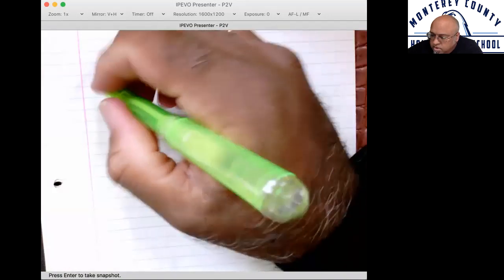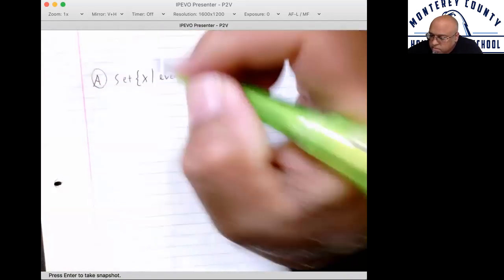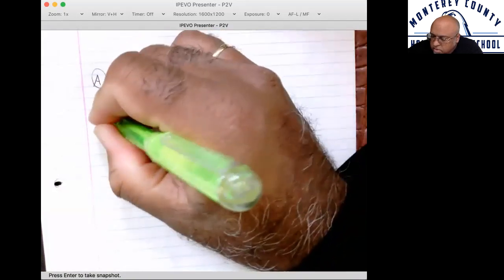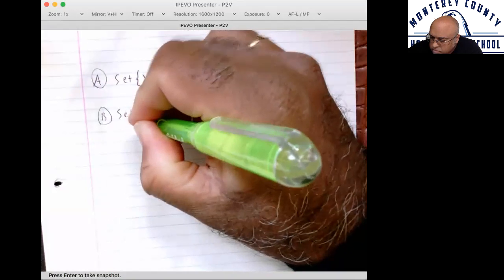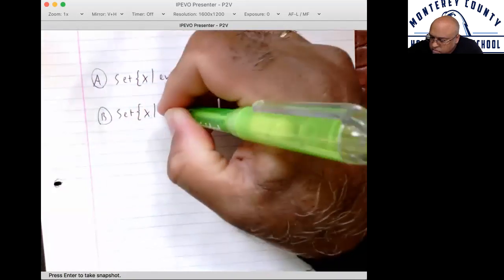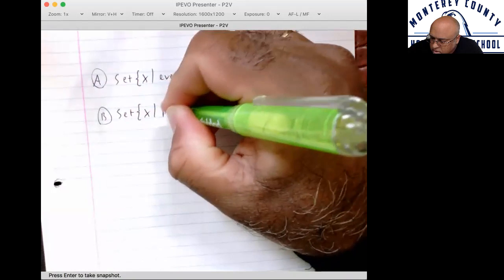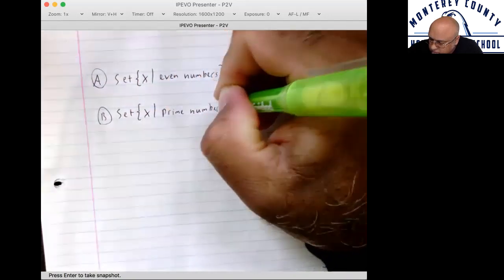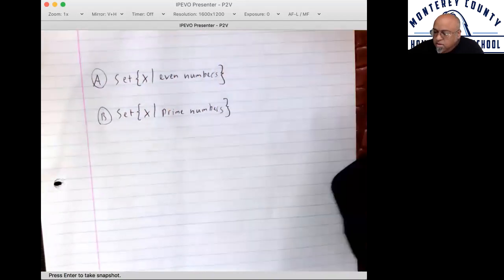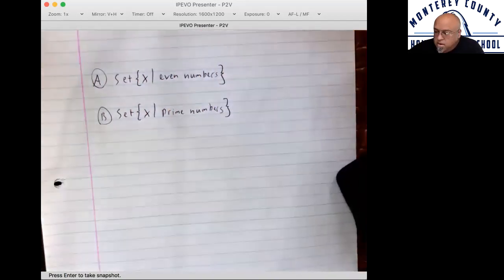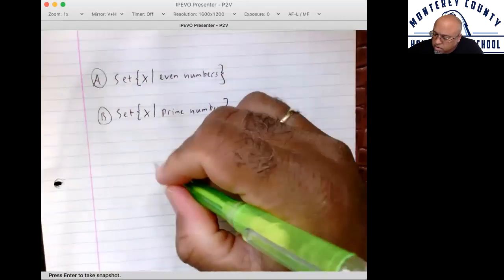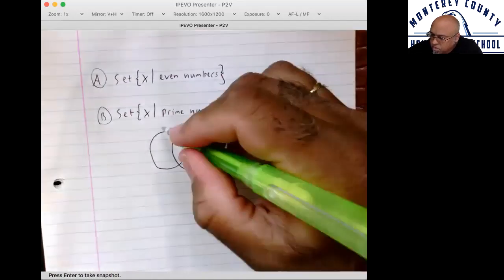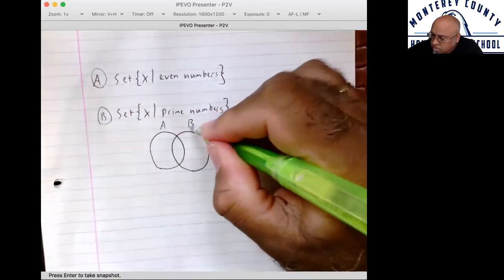And we will call this set A. Now we'll do another set, and we'll call this set B. And this will be prime numbers. Okay. Now, go ahead and draw a Venn diagram. We'll call this A and B.